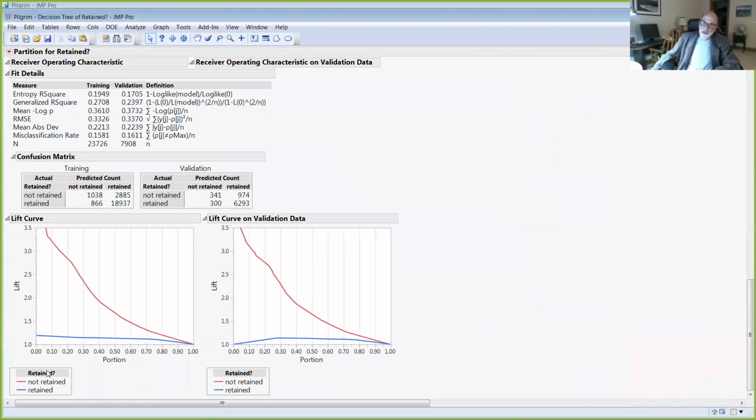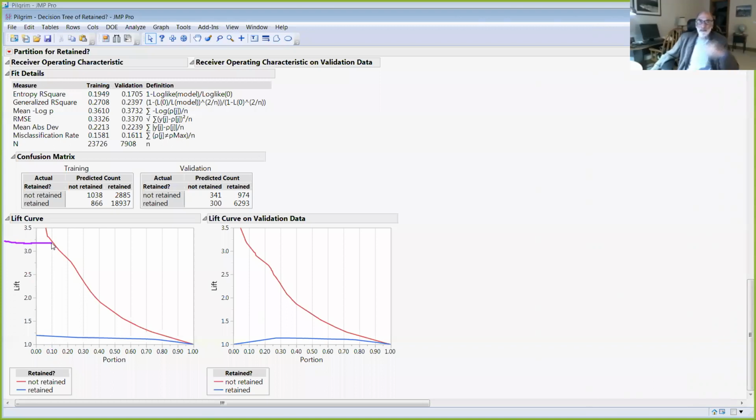The way to interpret this is that if you look at, let's say, the 10% line here, that says if you target the 10% of the people with the highest probability, according to the model, of not being retained, you will get almost 3.2 times as many, which means about 32% of the not retained customers. So focusing on the 10% of the people with the highest probability of not being retained gives us almost a third of the not retained customers.